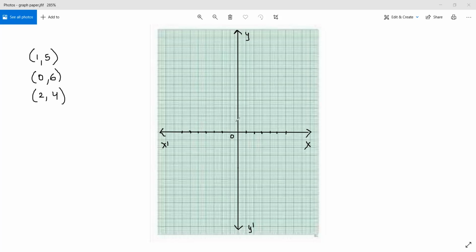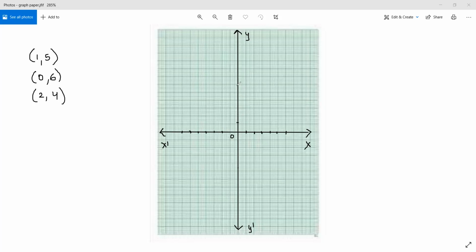Now, why are we marking till 6? Because the maximum number in our 3 coordinates, the bigger number, is 6. Since the bigger number is 6 and this is a y coordinate, is it necessary to mark on all the sides till 6? The answer is no. It's not necessary to mark, but we are doing it just so that it looks nice.